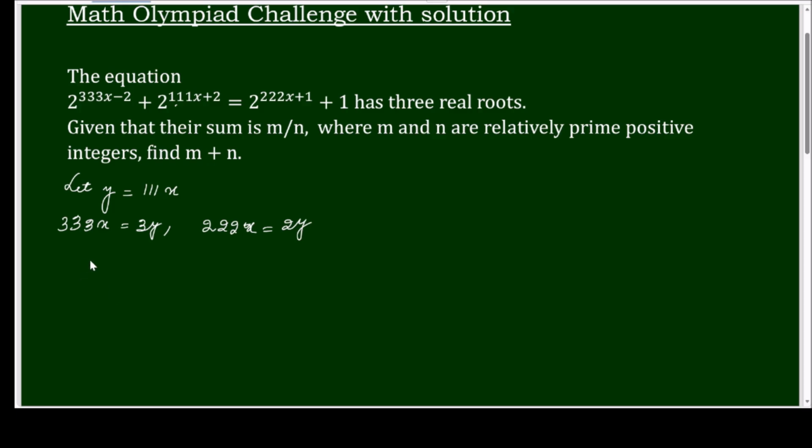So the whole equation can be written as 2 raised to the power 3y minus 2 plus 2 raised to the power y plus 2 equals 2 raised to the power 2y plus 1.